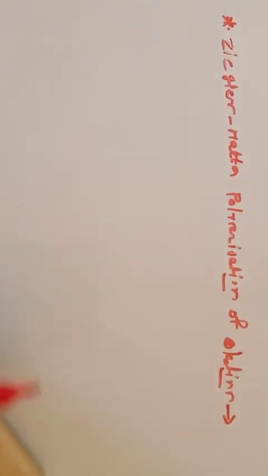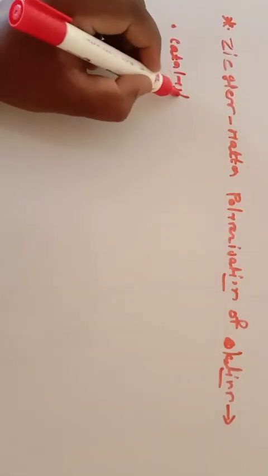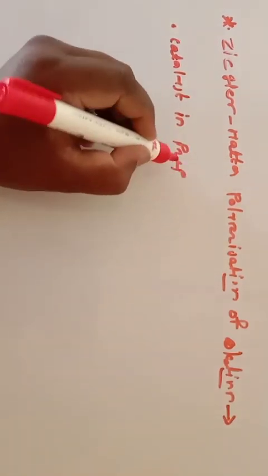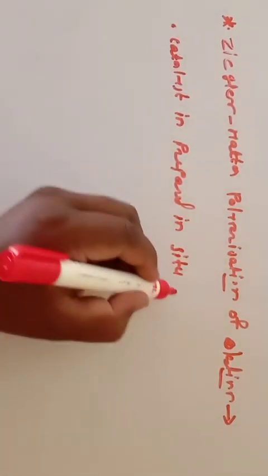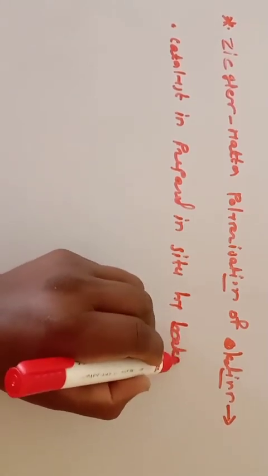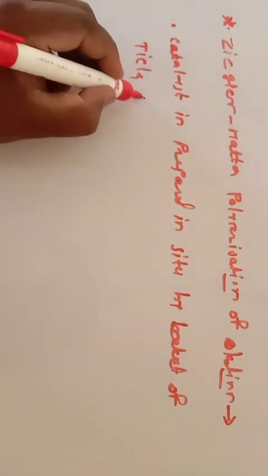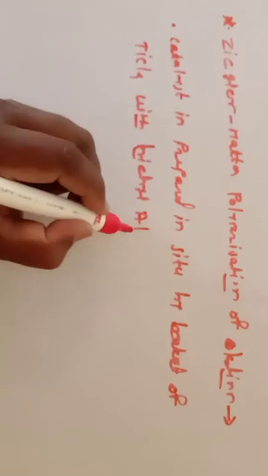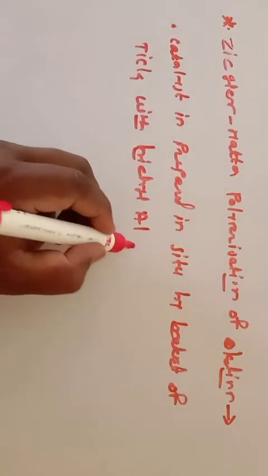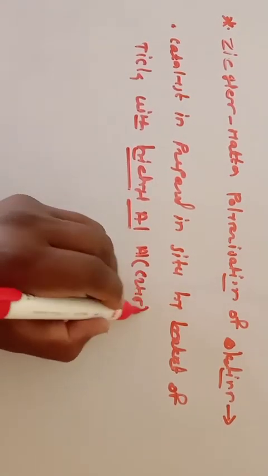The Ziegler-Natta catalyst is prepared in situ by treatment of titanium tetrachloride, TiCl4, with triethyl aluminum, Al(C2H5)3.